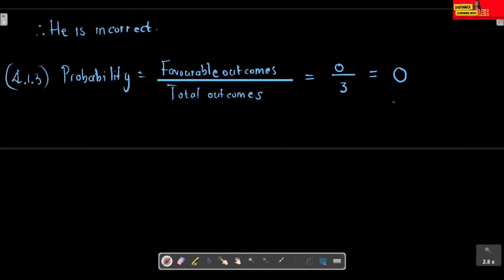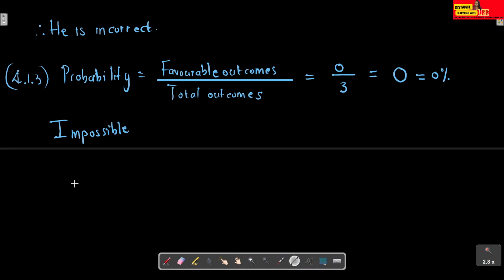Or you can just say 0%, or you can just say it is impossible. Why are we saying it's impossible? Remember, guys, we looked at our probability scale. Based on the different values you get for your probability, you can make a conclusion.